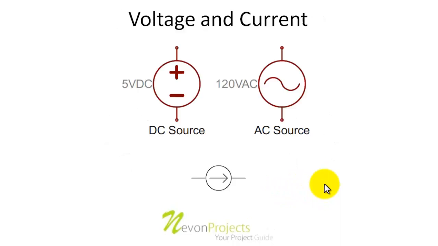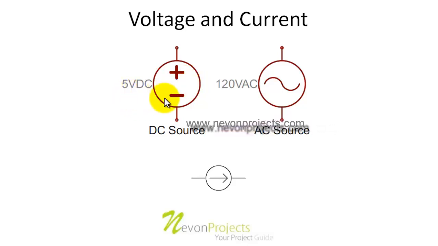Now let us move on to our next topic, that is voltage and current. What the battery supplies is actually voltage and current, and these are the various symbols for the voltage source. Suppose we have a DC source, then the symbol for the DC source is given as this, with a plus and minus symbol.